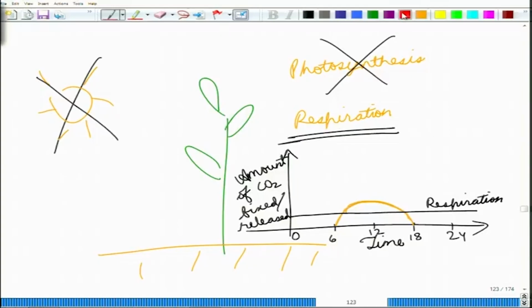Now, if we look at this curve, we can divide it into these three regions: region 1, 2 and 3.